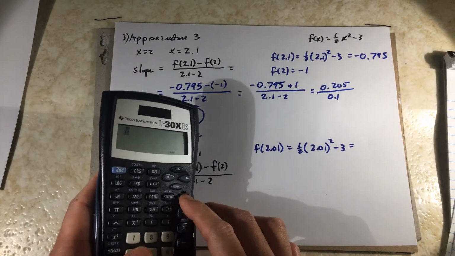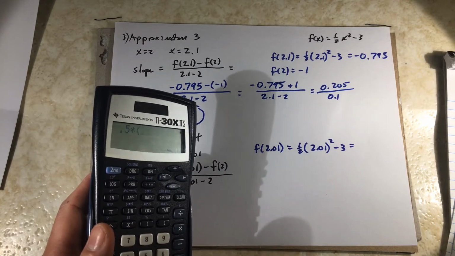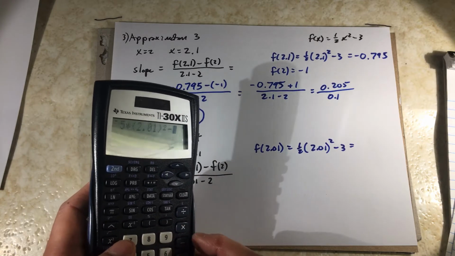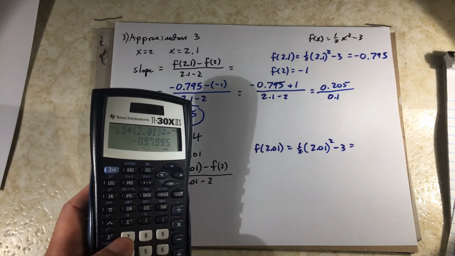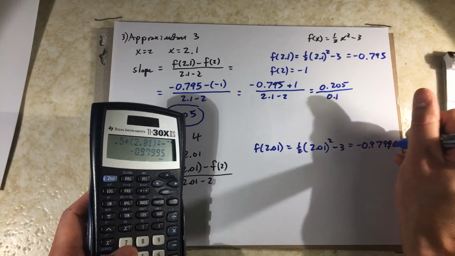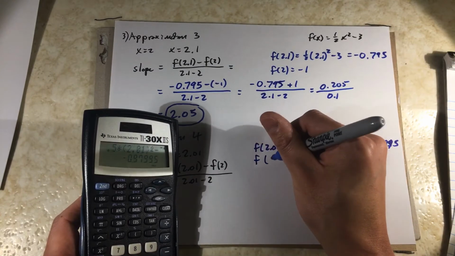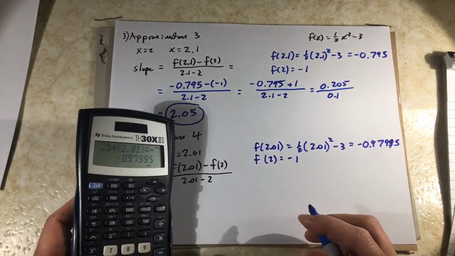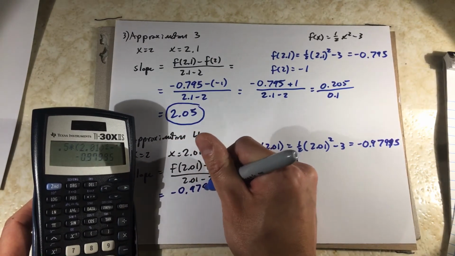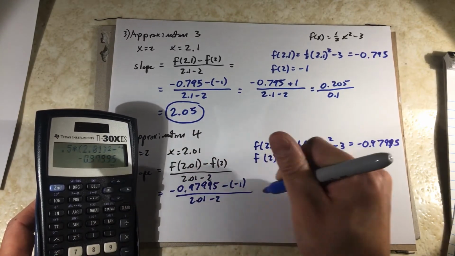So if I do that one, I get 0.5 times 2.01 squared minus 3. And I get negative 0.9795. All right, so I'm going to keep all those decimal points. It turns out they're important. f of 2 I already calculated is negative 1. So this value is negative 0.97995 minus negative 1 over 2.01 minus 2.